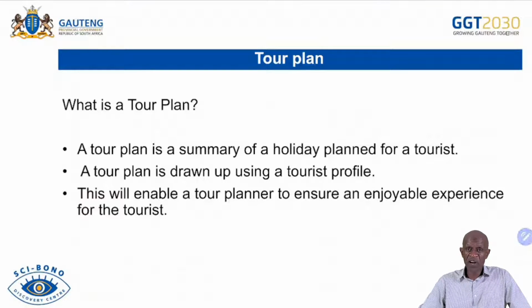So that profile repeats itself in grade 12 when you do tour planning. So we need to establish the type of tourist in question. This will enable a tour planner to ensure an enjoyable experience for a tourist.